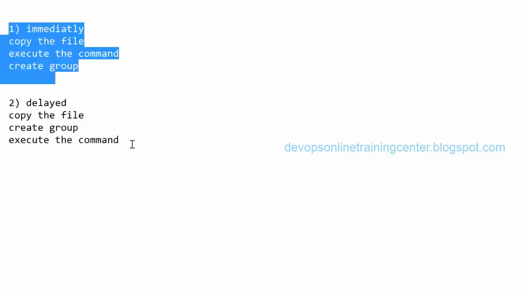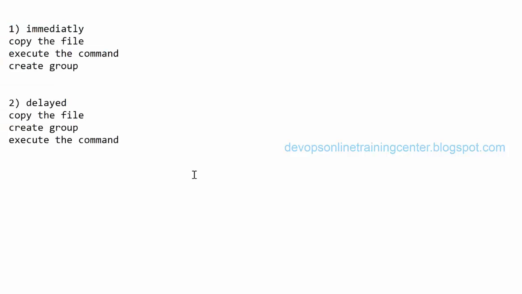It follows this order if it is delayed, and this order if it is immediately. If you don't put any immediately or delayed, is it going to follow the order? It will follow delayed. It will do it at the end. Yeah. Okay.